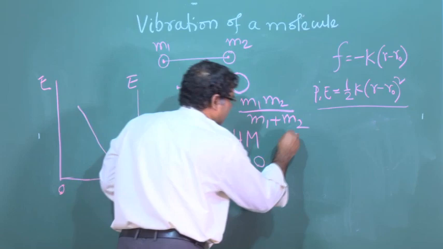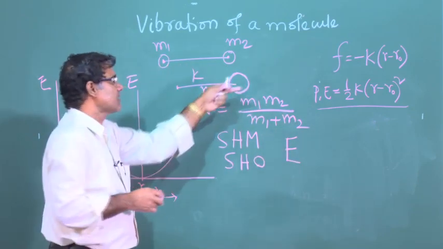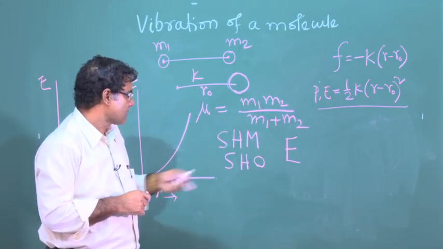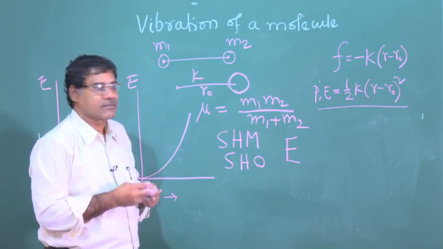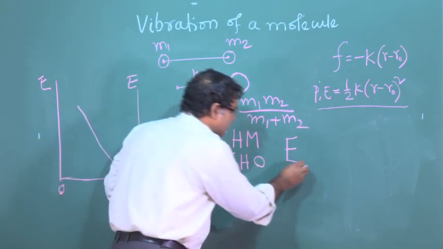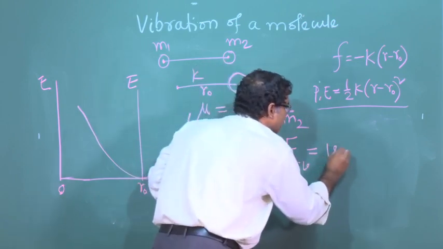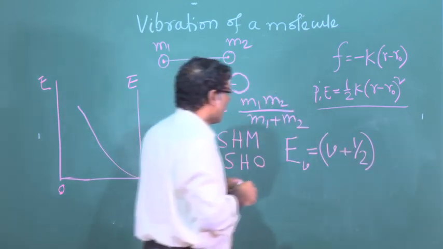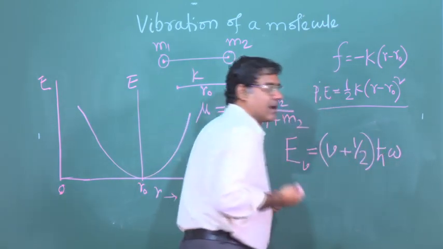If you solve the Schrodinger equation for the simple harmonic oscillator using this potential energy, you will get the energy E_v equal to (v plus half) h cross omega.